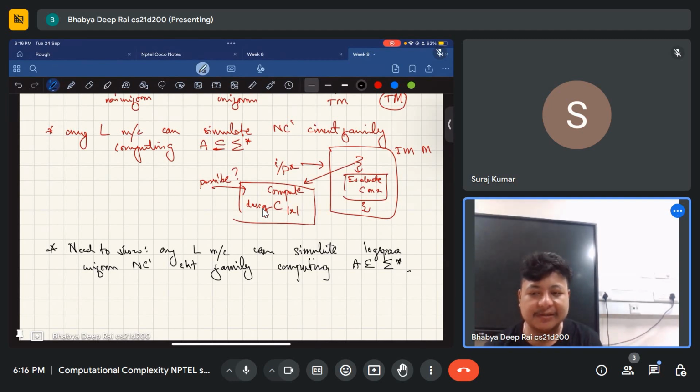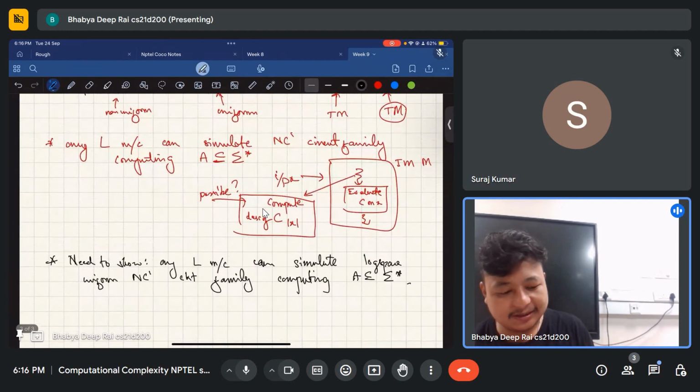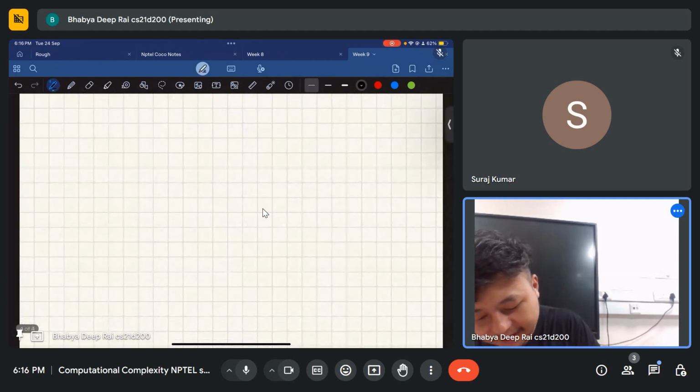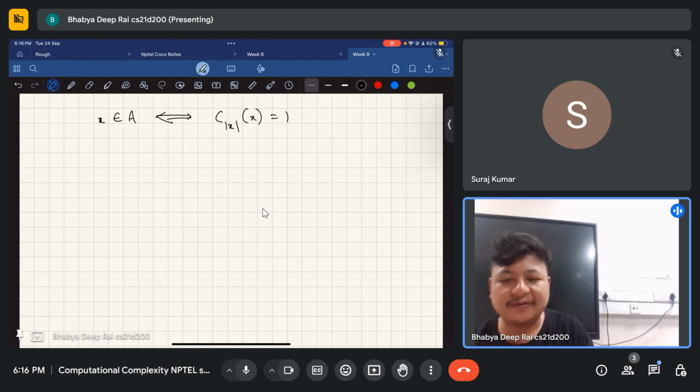Okay, so good. Now we have that picture. Now let's work it out. NC1 is contained in L. How do you do that? Well, I want to show that first of all, X is in A if and only if that particular circuit family on X will give a 1.